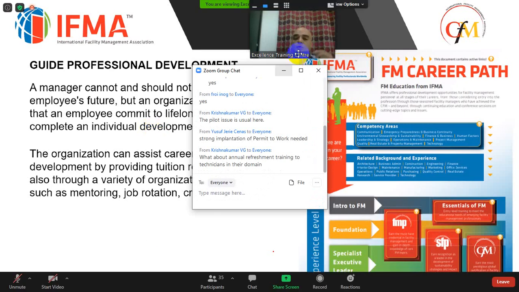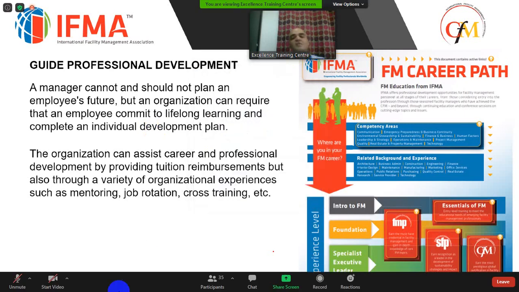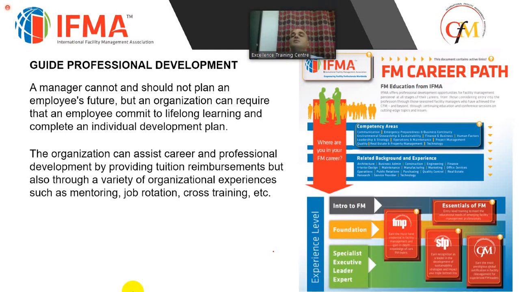A successful organization aligns the aspirations of individuals with those of the organization. And you as a manager will grow when you align the aspirations of your team with your organizational requirements. For that, you should be helping your employees with their professional development.